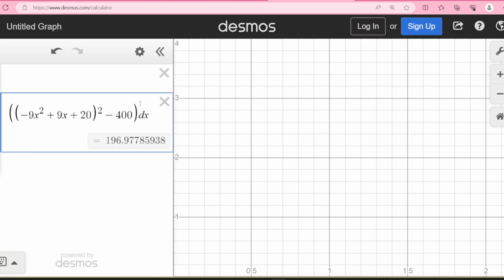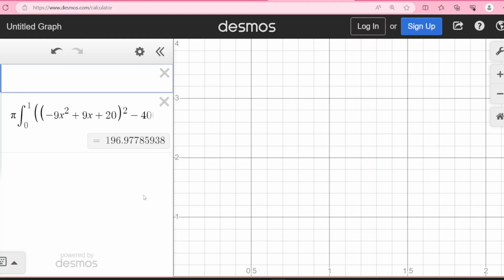Close that, dx. So the volume of the shape created would be 196.97785 cubic units.